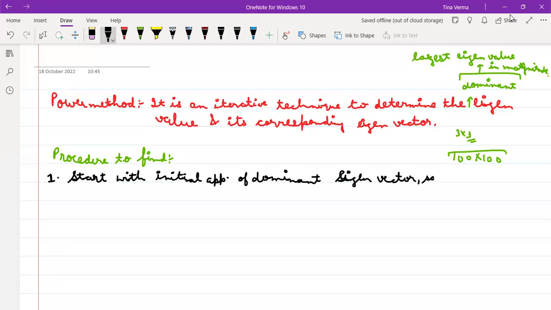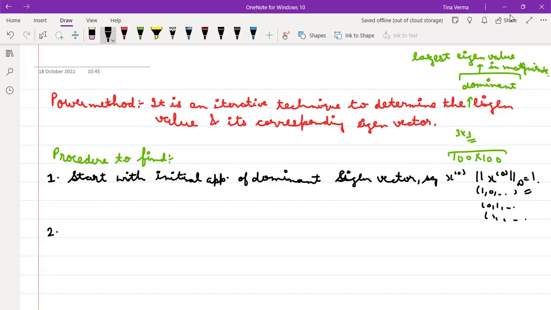Suppose we name that x0, and we choose the initial vector so that the vector's max norm should come out to be 1. So you can choose any vector like 1 0 0, 0 1 0, and 1 1 1, so that the max norm comes out to be 1.